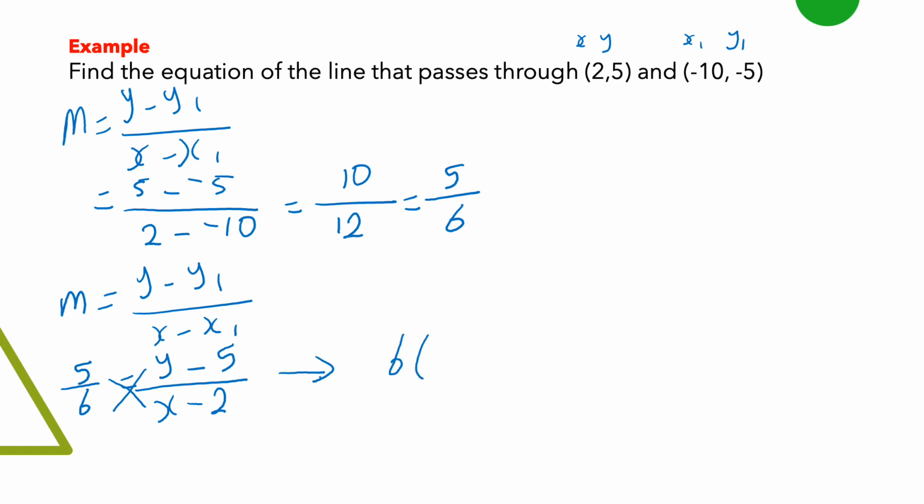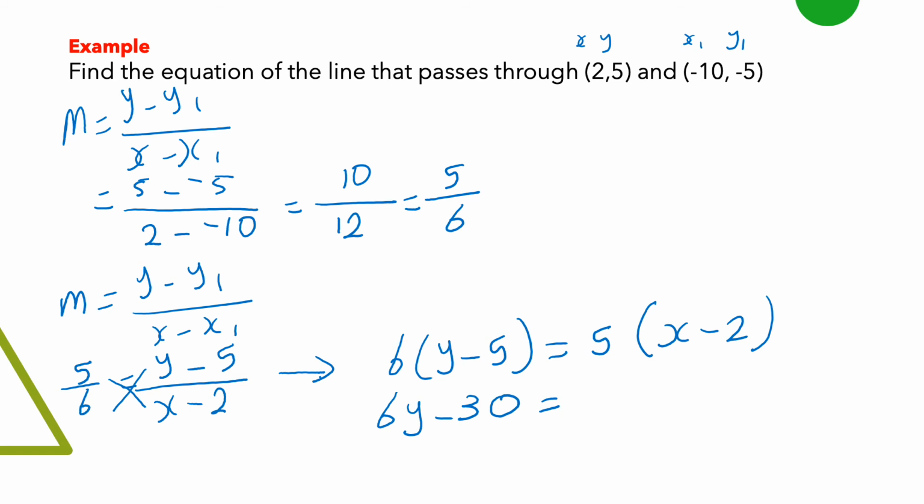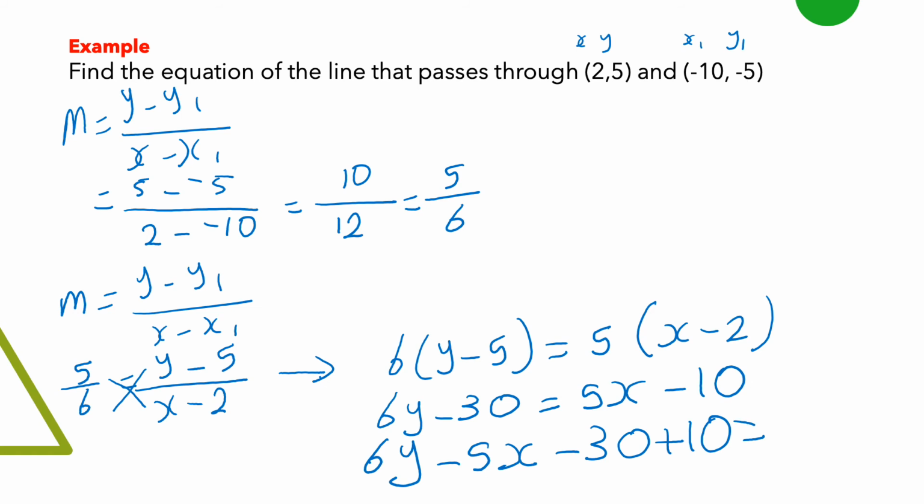So we'll have 6(y - 5) = 5(x - 2). Now expand. Now rearrange to make it equal to 0. So the final is 6y - 5x - 20 = 0.